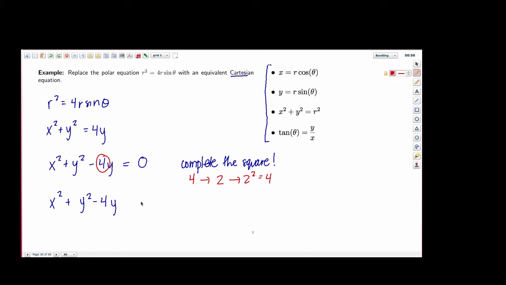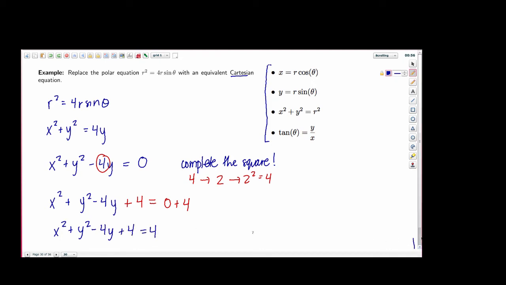So we're going to add 4 to the left-hand side, and now to keep it the same equation, we added 4 to the left, so we've got to add 4 to the right as well. So now our equation becomes x squared plus y squared minus 4y plus 4 equals 4.